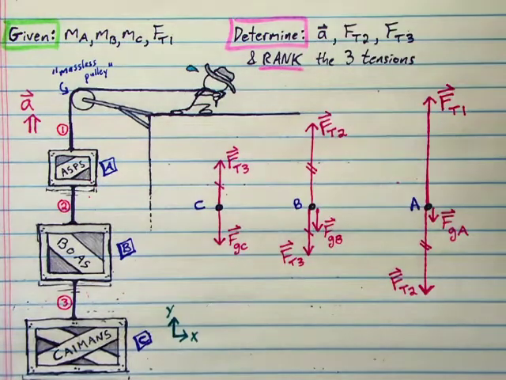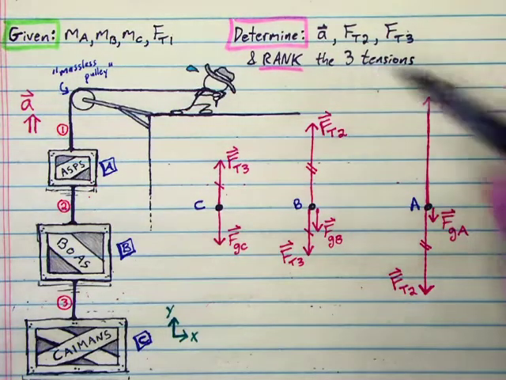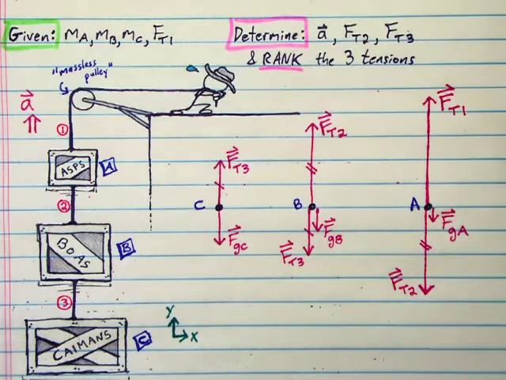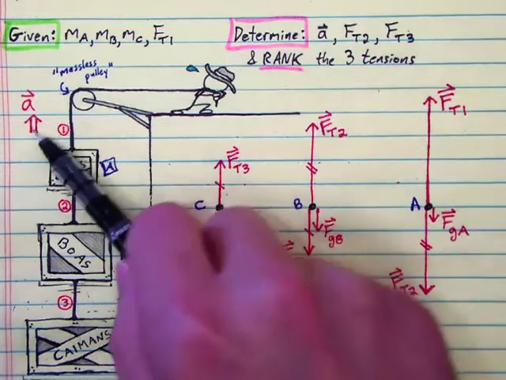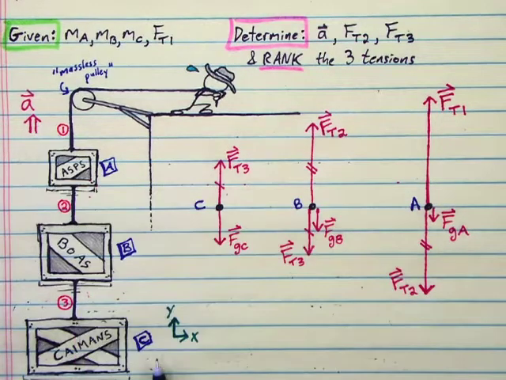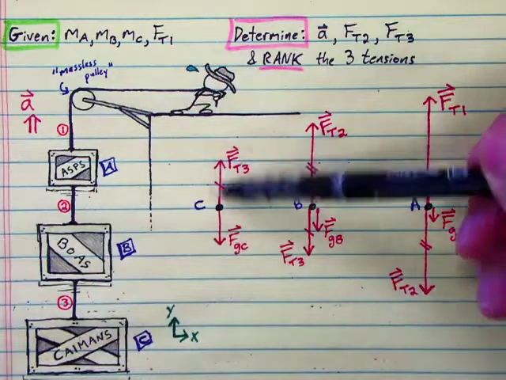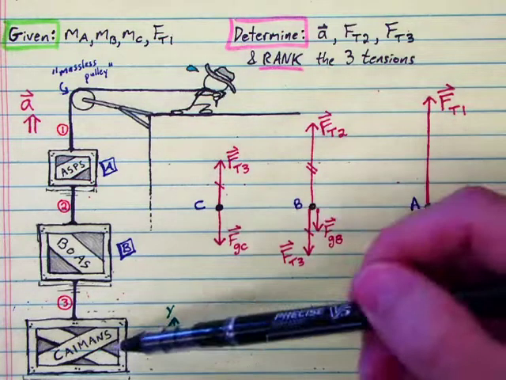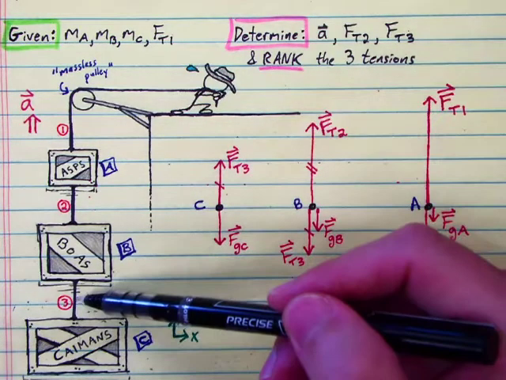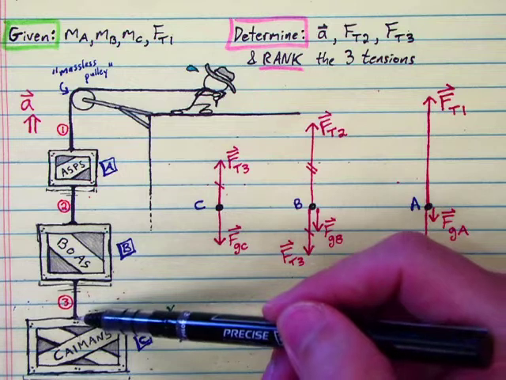Okay, I think we can determine the rankings of the tensions just from looking and thinking about the free body diagrams. We know that if the crates are accelerating upwards, each one must have a net force that is upwards. So tension 3 must be greater than the weight of crate C, for instance. And if this is a massless string, then it's the same tension at this end as at that end.